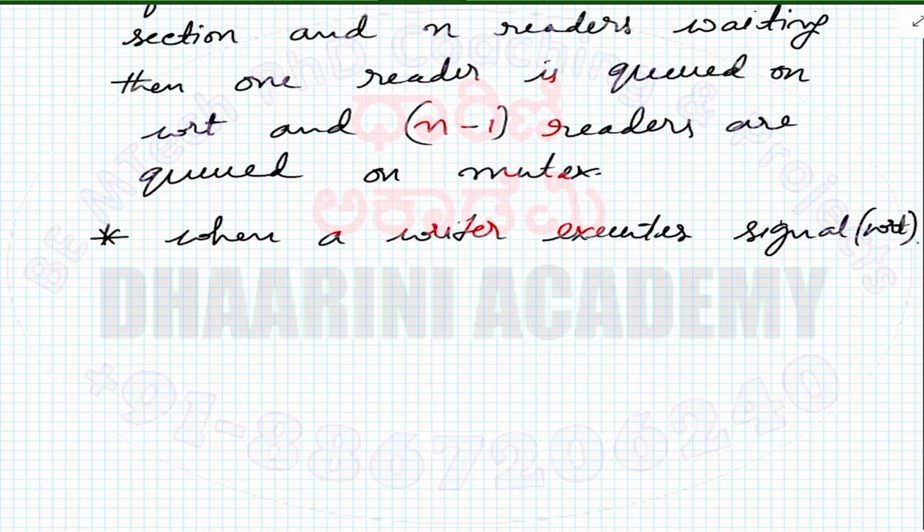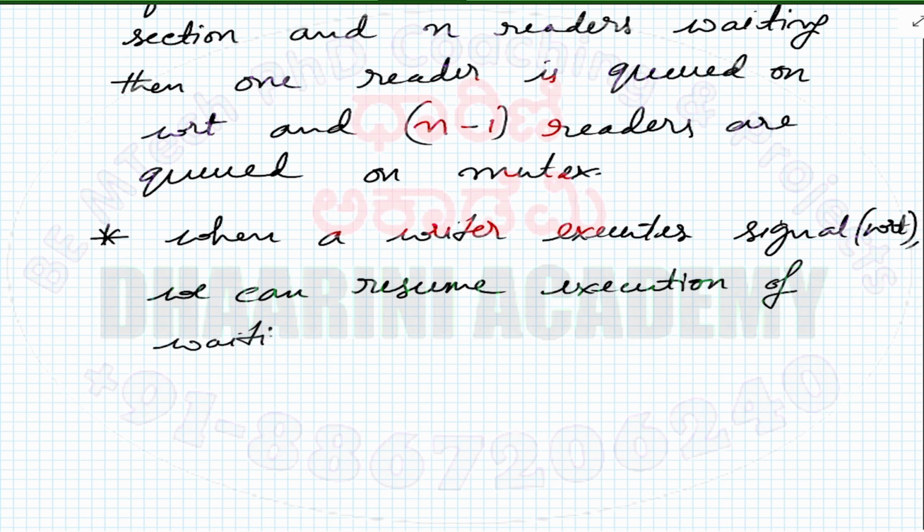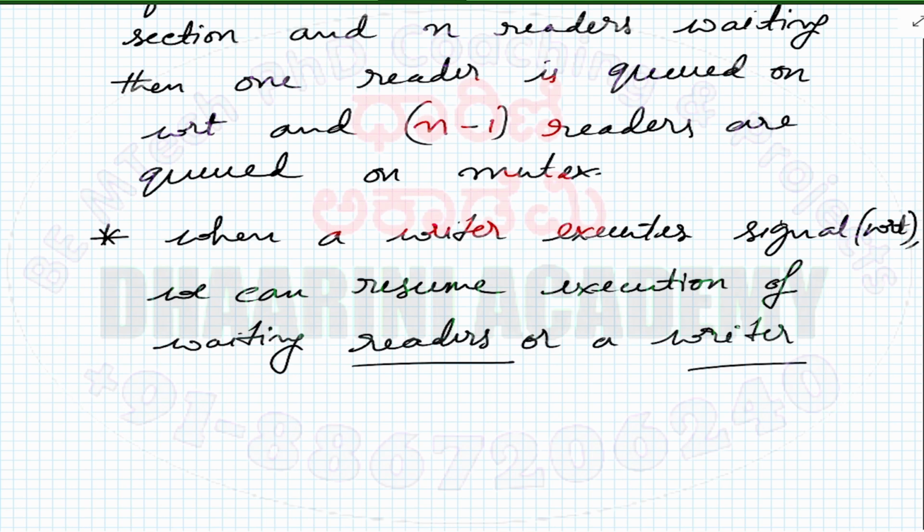So whenever this happens, we can resume execution of waiting readers. Either execution of readers is possible or a writer. So readers or writer.